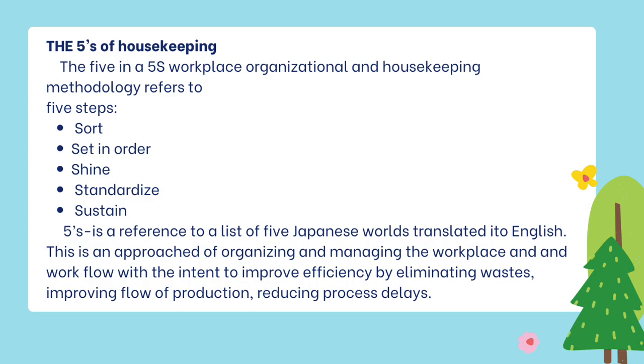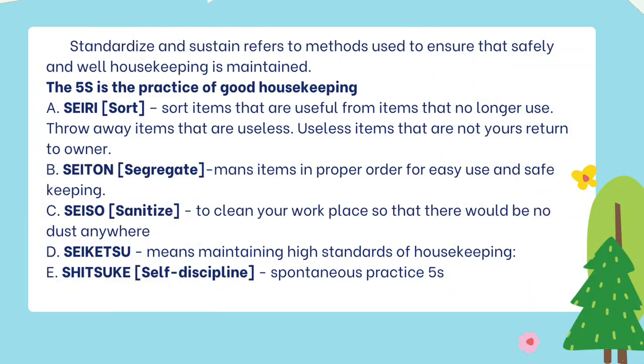This is an approach of organizing and managing the workplace and workflow with the intent to improve efficiency by eliminating waste, improving flow of production, reducing process delays. Standardize and sustain refer to methods used to ensure that safety and good housekeeping is maintained. The 5S is the practice of good housekeeping.